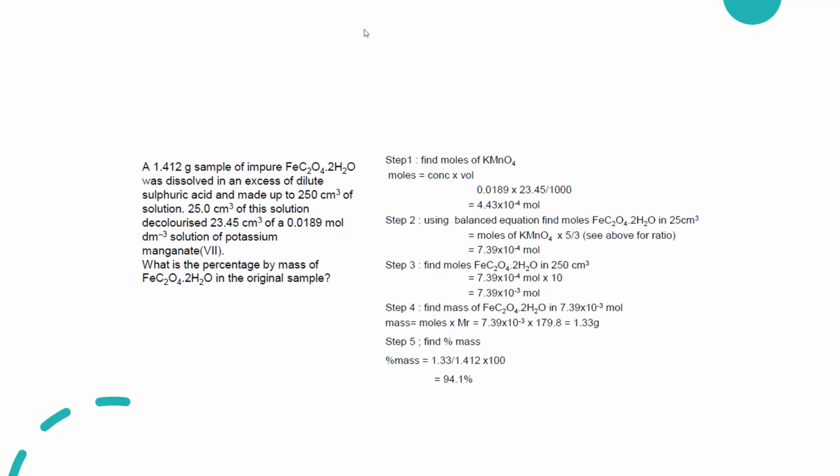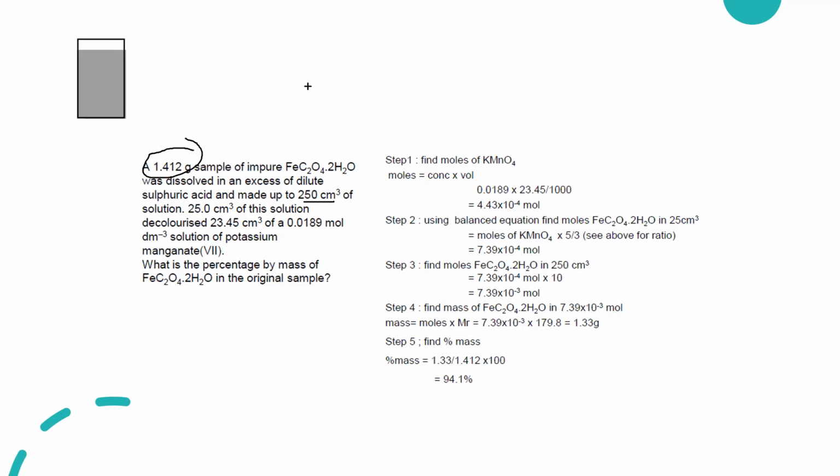So another example. 1.41 grams of a sample of hydrated iron 2 ethane dioate is dissolved in excess dilute sulfuric acid and made up to 250 cm cube. So first what we did, we made a solution of 250 cm cube. But we are not titrating all of it, because what is the issue with titrating all the substance?